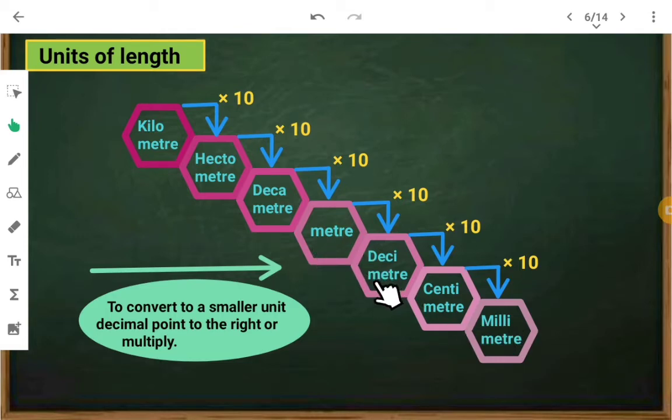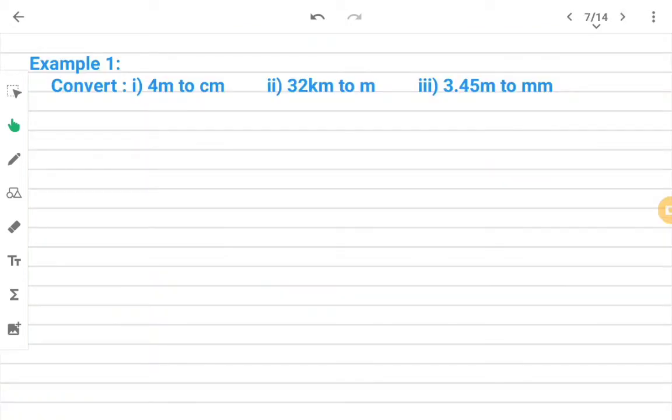Meter to decimeter, decimeter to centimeter, centimeter to millimeter. So 1 meter is equal to 1000 millimeter. Don't forget this one. It will be helpful for your remembrance.